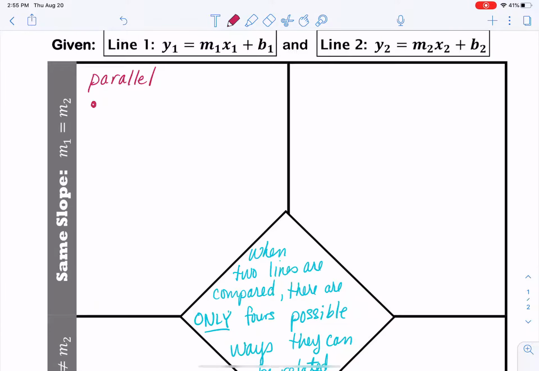That means that they have the same slope, where slope 1 equals two numbers, a over b, and slope 2 equals the same, a over b. But they also have different y-intercepts.